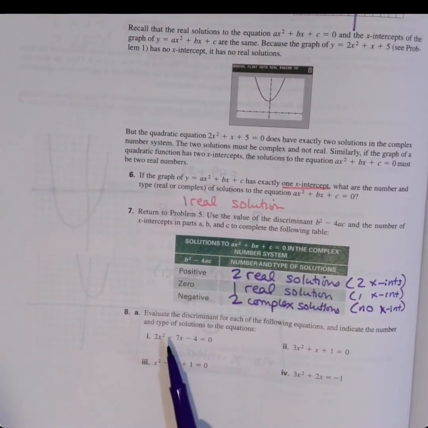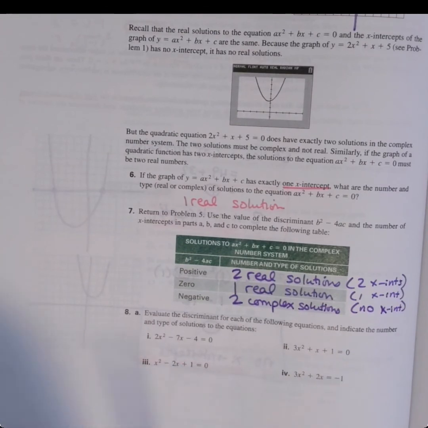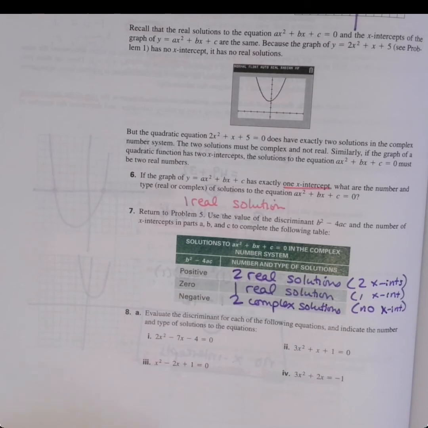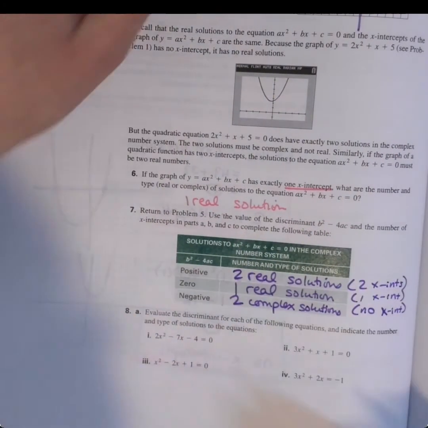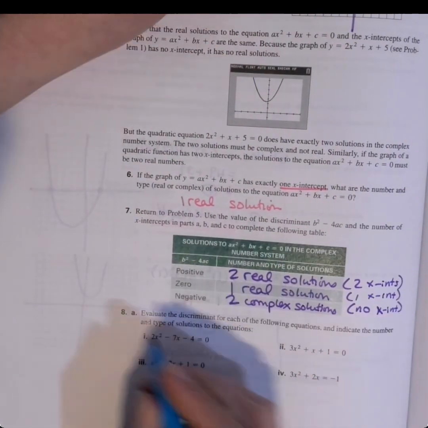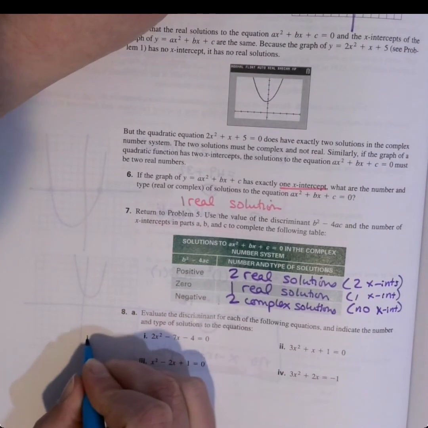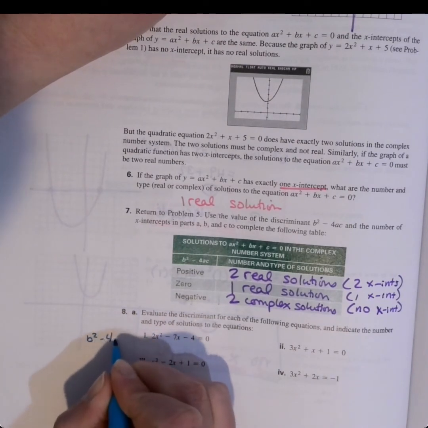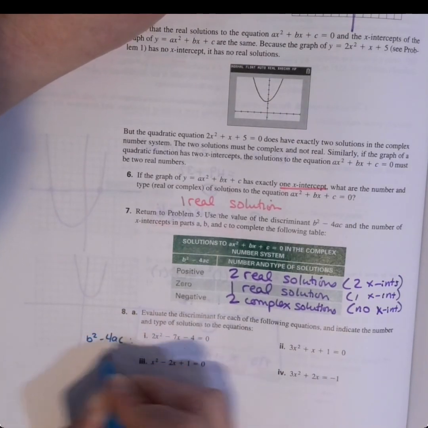Evaluate the discriminant for each of the following. Indicate the type and number of solutions. All right, let's do it. So the discriminant, b squared minus 4ac for all of these.